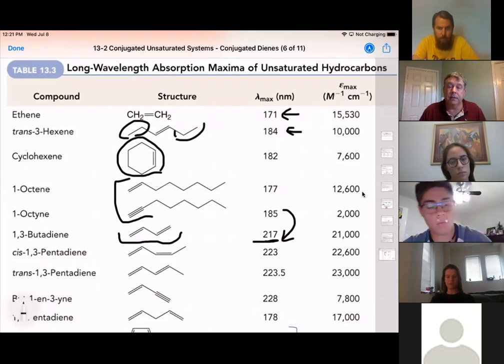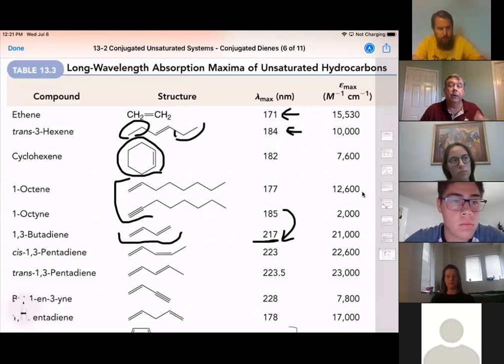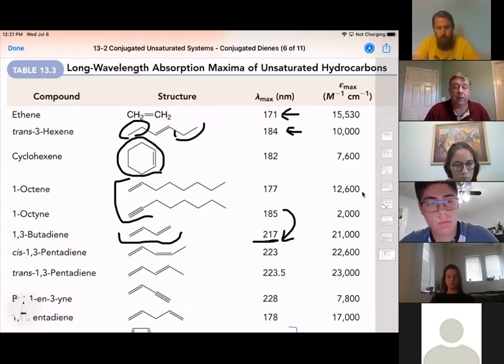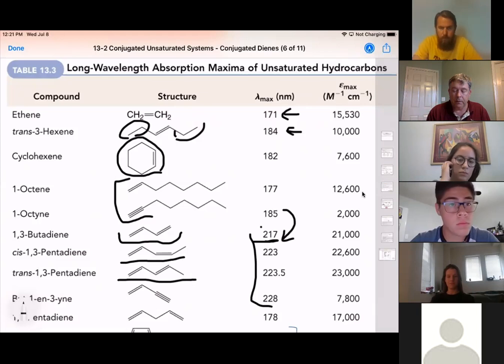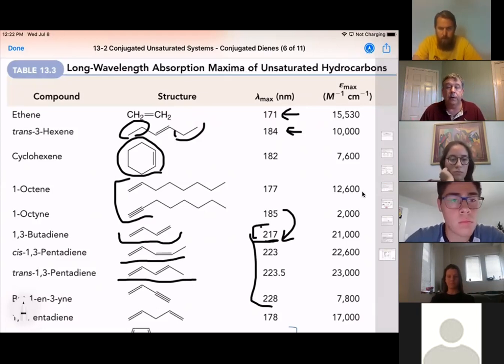That's a much more significant jump in the energy. And so we see it start to absorb in the UV, okay? Now, it doesn't matter whether they're cis and trans or substituted or not, they are all going to start absorbing in that lower energy band, around that 200 band.